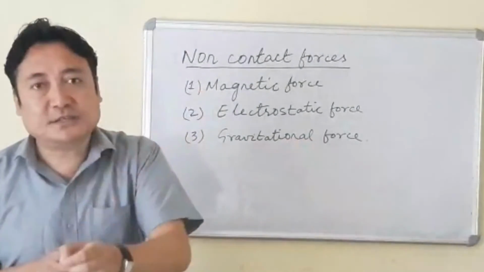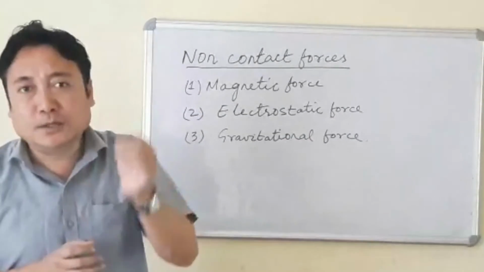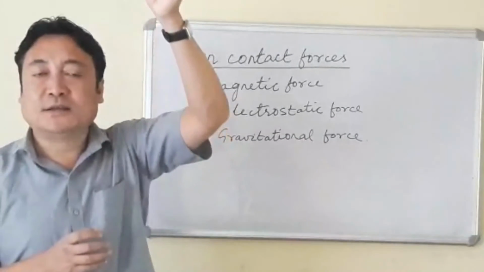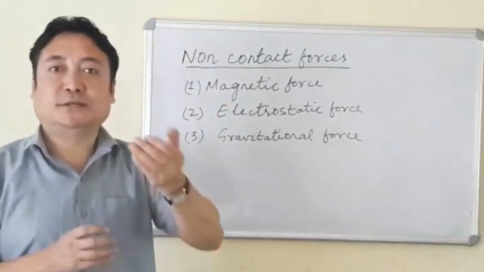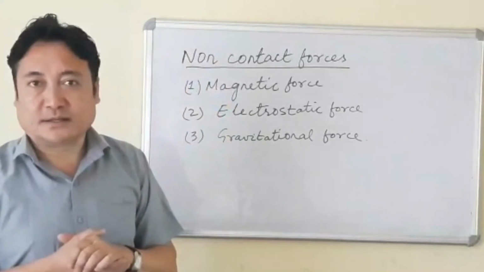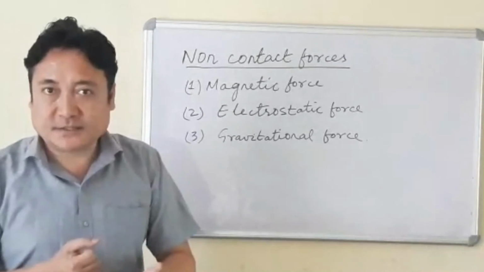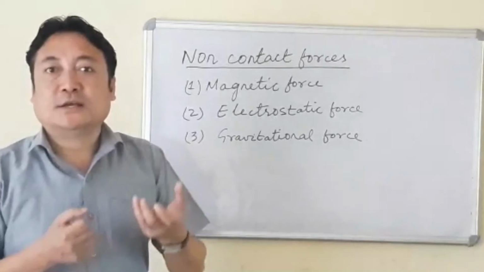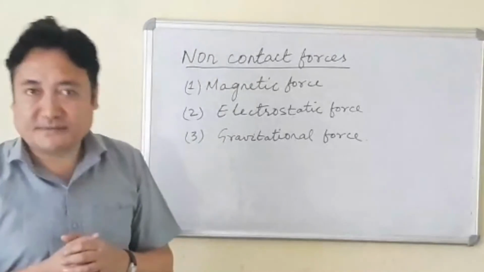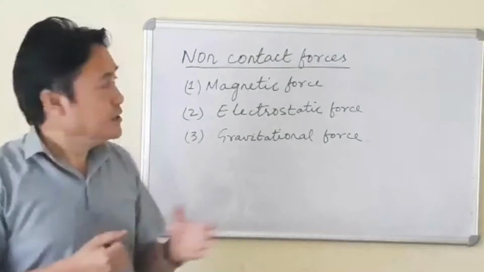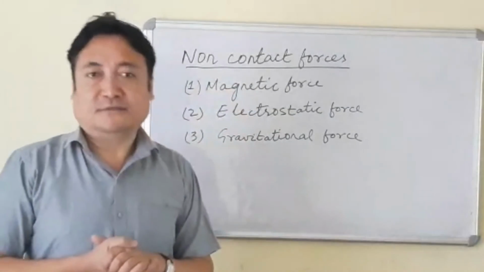Due to the gravitational force possessed by the earth, all the objects which are thrown from a height have the ability to fall on the surface of the earth. That force will pull the object towards the earth's surface, and that force is the gravitational force. So this is about the three different types of non-contact forces.